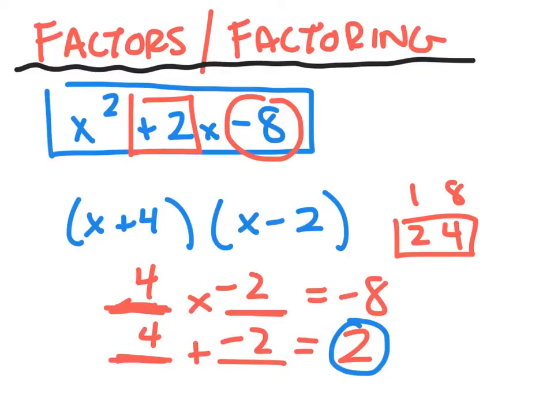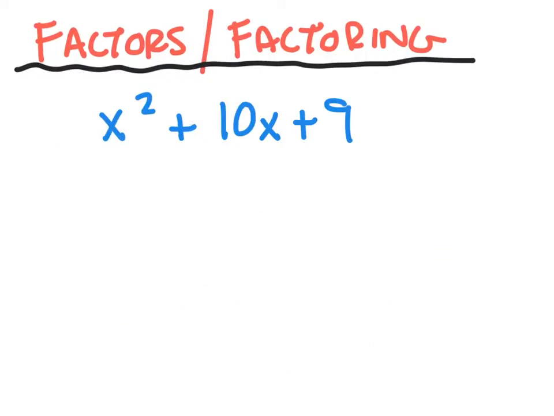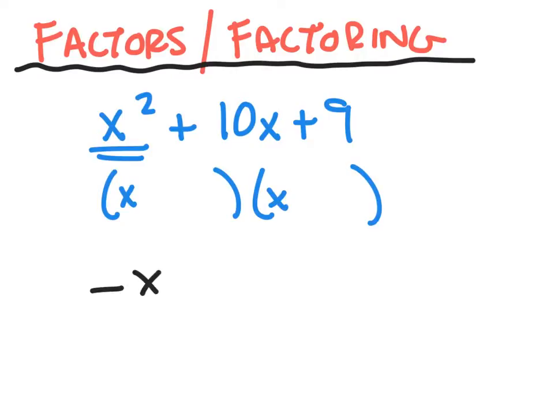Let's do another. Let's keep going until we feel comfortable. All right, let's factor this. So again, we've learned that we're going to break this down. We always have x in the front because x times x gives us x squared. That may change later. We'll see. So I'm looking for two numbers that will multiply to 9, but will add to +10.